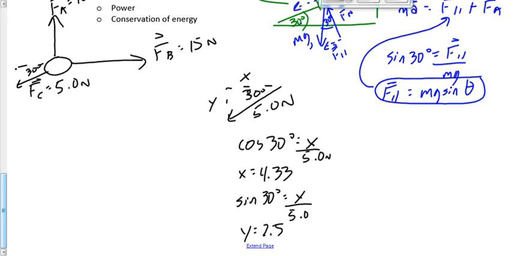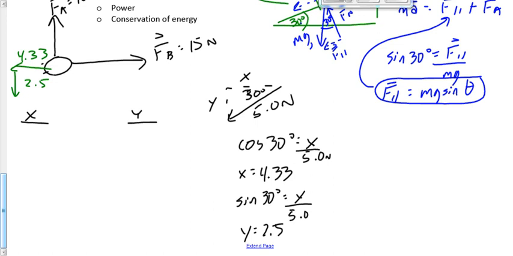And then I like to do this. Some of you guys like to do this as well. And we got 4.33, and we've got 2.5, and we've gotten rid of all those funny angles, right? Now we just have 4 straight, easy vectors to deal with. X and y components.